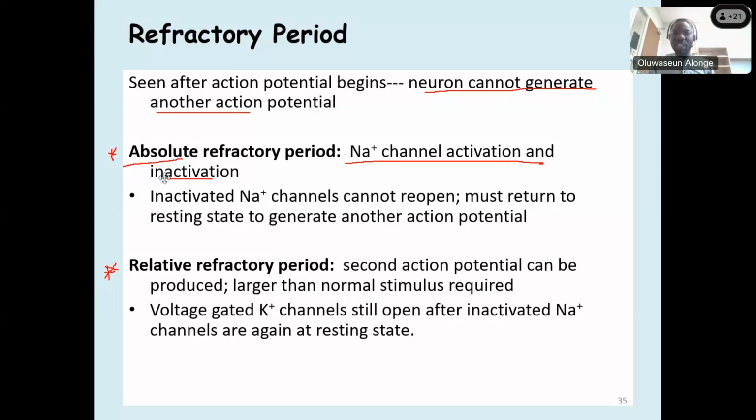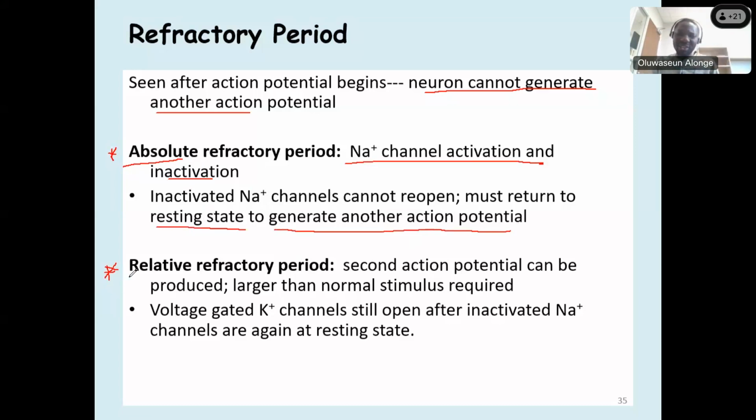At that point, we call it the absolute refractory period. So an inactivated sodium channel cannot reopen. And if the sodium channel cannot reopen, that means the membrane cannot depolarize again because it's currently depolarizing. So the depolarization cannot overlap on each other. It must return to its resting state before it will generate another action potential.